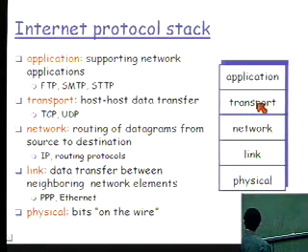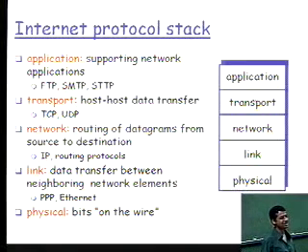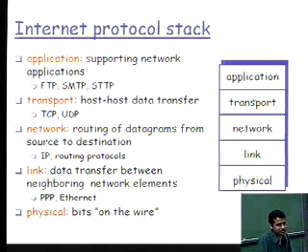Now earlier I had said that one of the main reasons that the internet has scaled is because of the way TCP has scaled. TCP, apart from providing reliable data transfer, also provides congestion control in the transport layer.